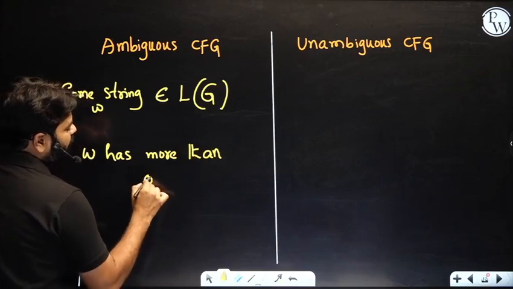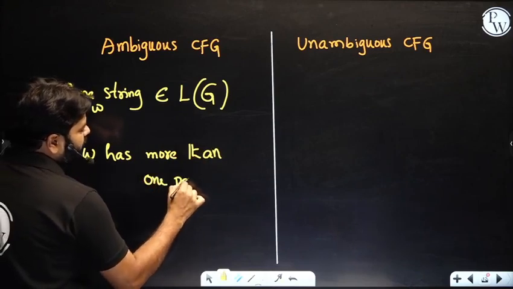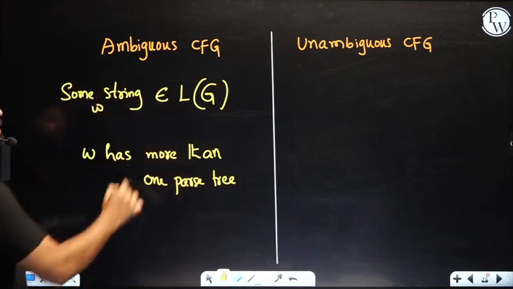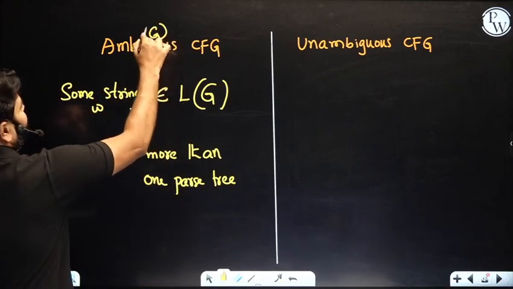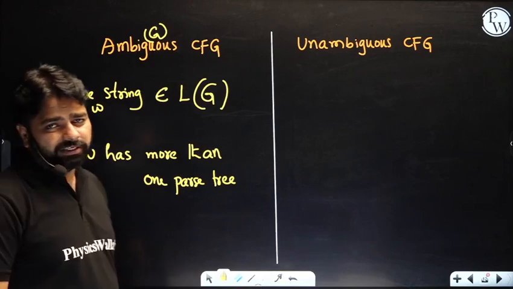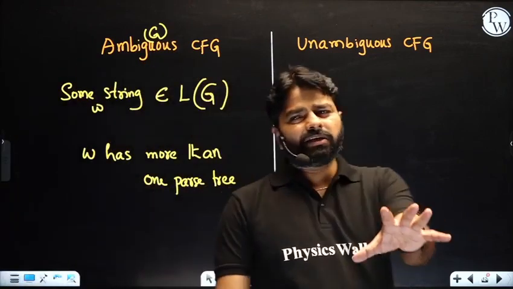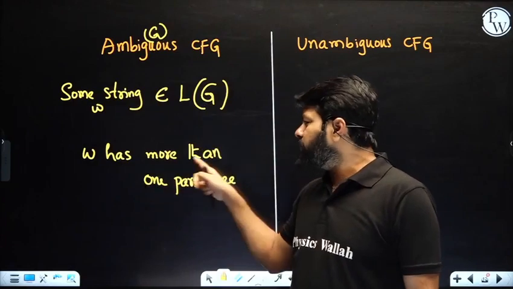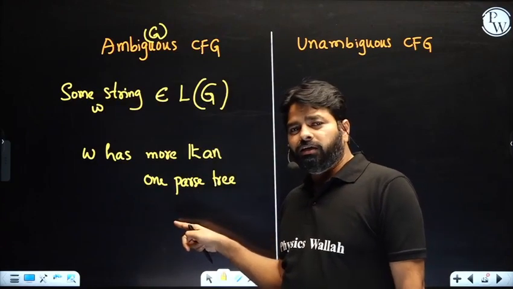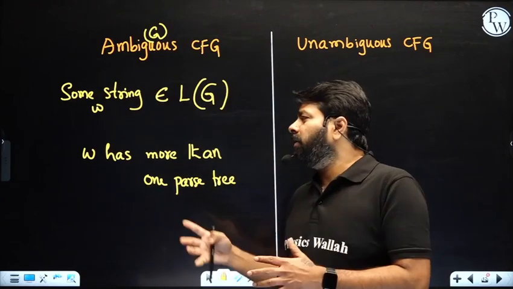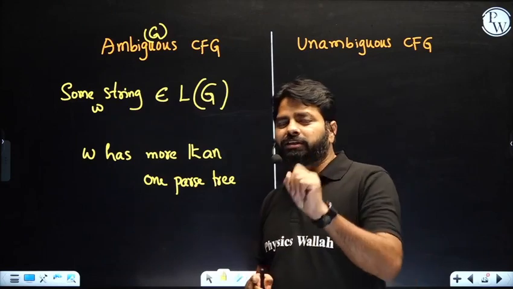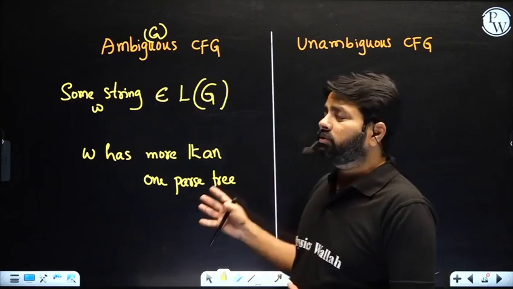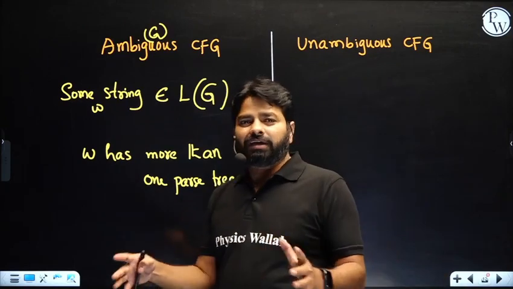Then we say that G is called an ambiguous CFG. When there is some string generated by the grammar that has more than one parse tree, it means you have multiple parse trees to derive the same string. For that, the grammar is not recommended, so you need to convert it into an unambiguous one to have clarity.